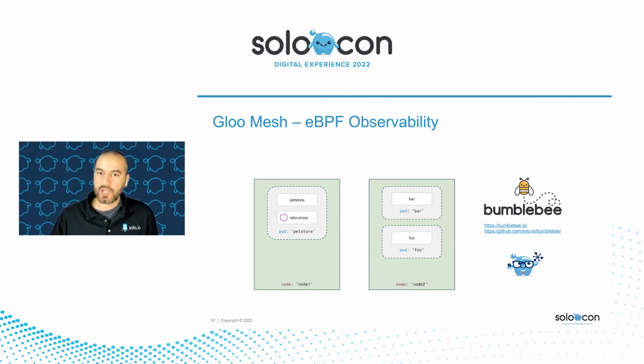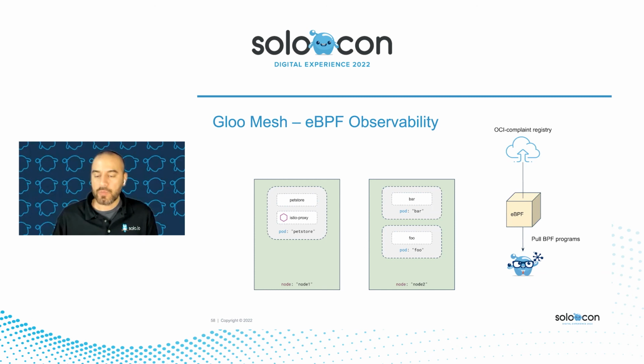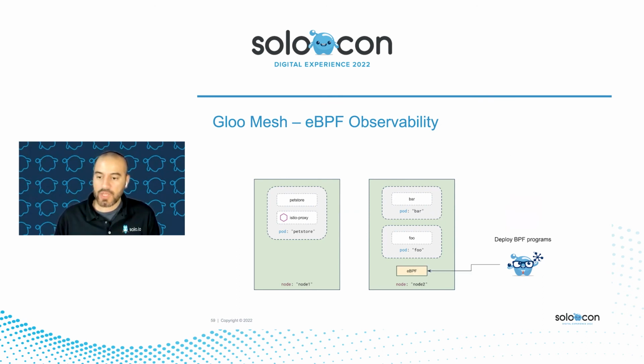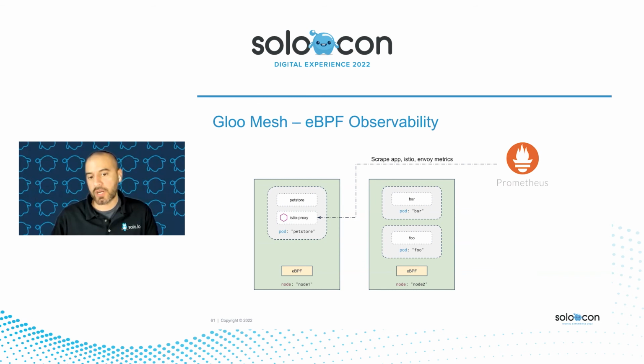So Gloo Mesh can utilize that functionality, and say we have an eBPF program that can get some network level statistics from the node, regardless of whether you have an Istio proxy or not. Gloo Mesh can pull that program as an OCI image from your registry, where you're storing your other container images. It can deploy that to the nodes in the cluster.